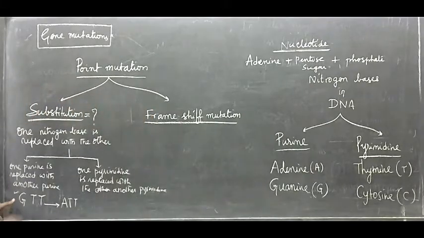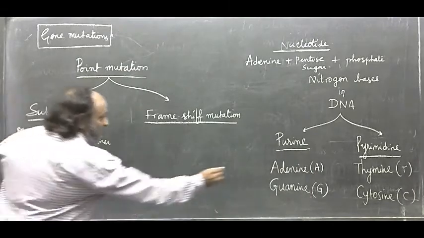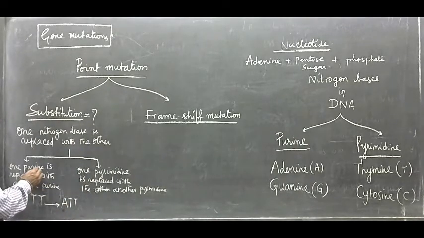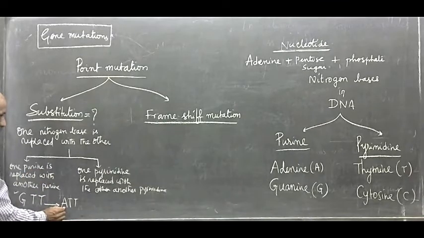This guanine is replaced with adenine, A. That means one purine, guanine, is replaced with another purine, adenine.